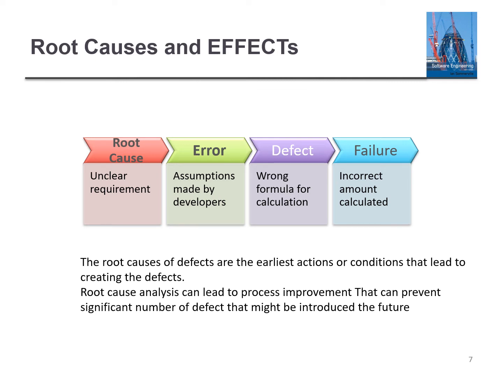It started with the root cause, and because there was some problem in the beginning, it leads to error, and then it leads to defect. So it might be shown in the system as wrong calculation, and then failure. Failure is the end result when something goes wrong.